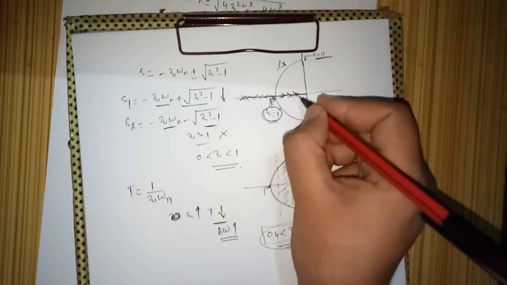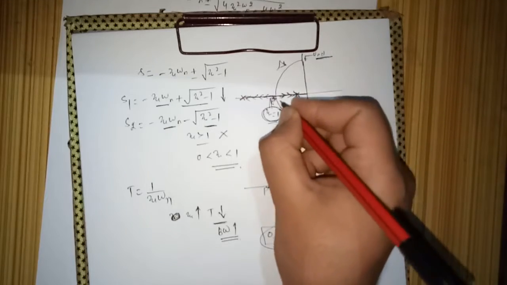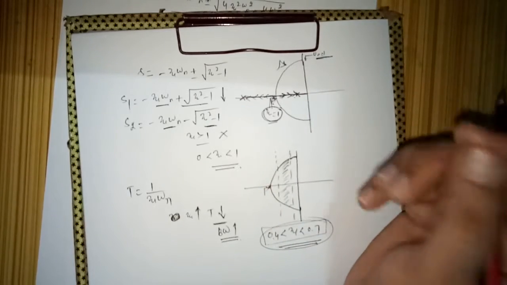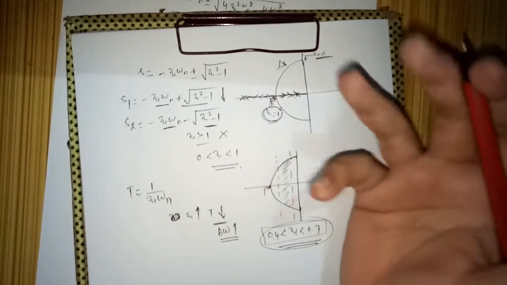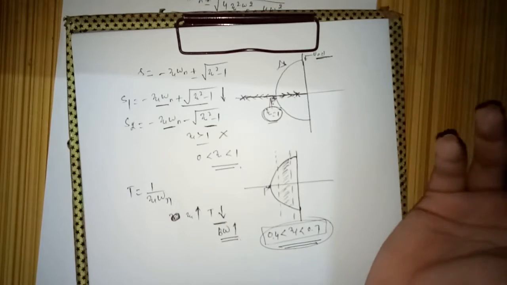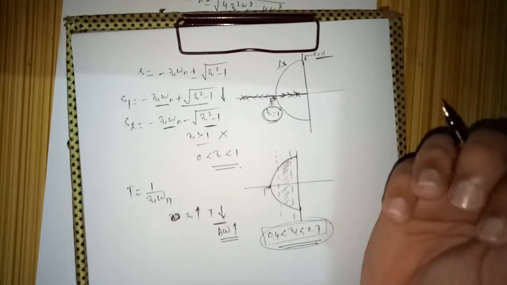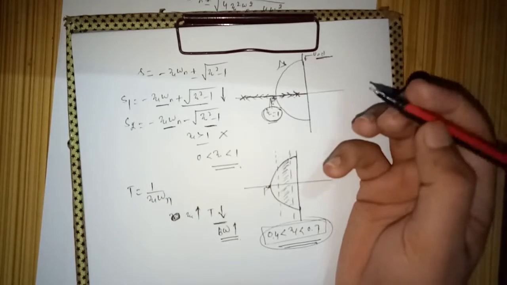So what happens is, theoretically an overdamped system is a second order system, but practically it will behave as a first order system. And behaving like a first order system means it is very sluggish. My response will be sluggish in that case. So even the overdamped system we will not use.